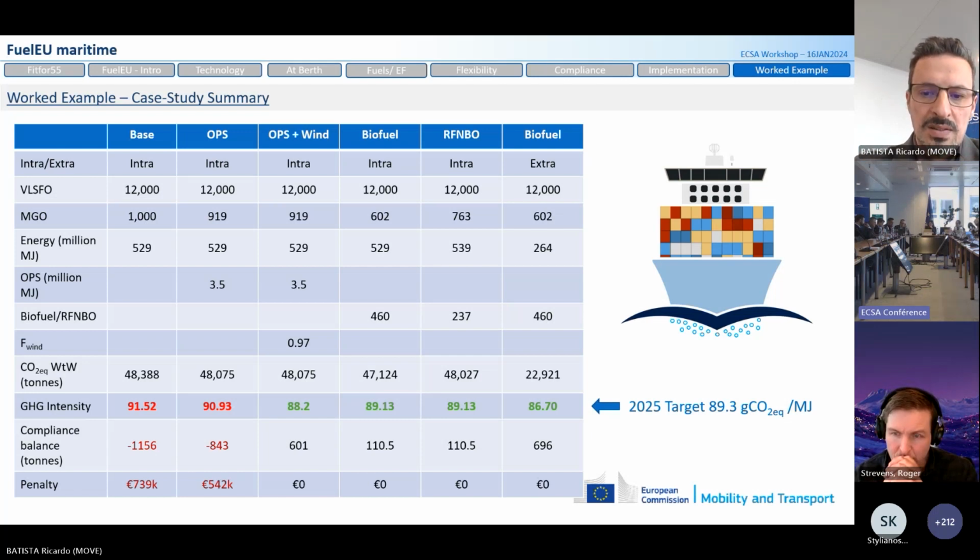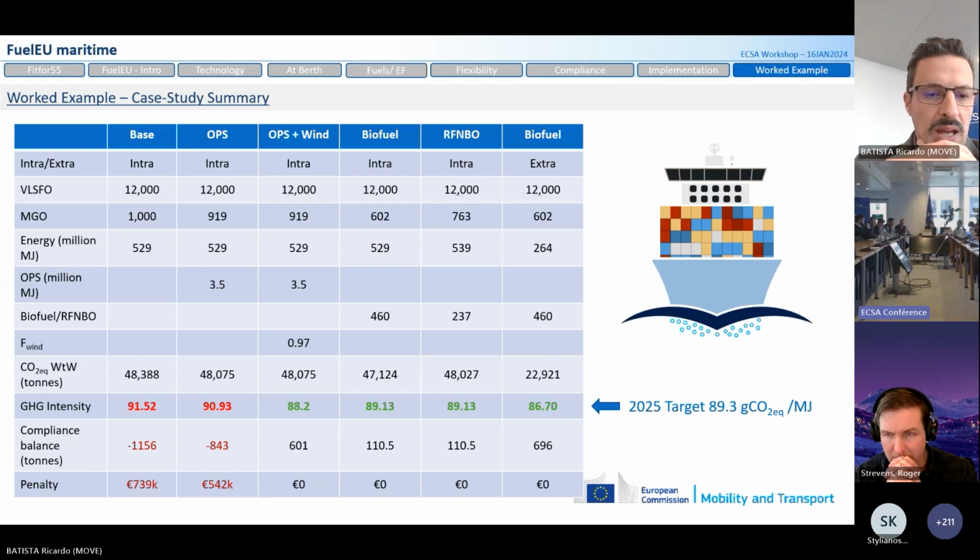In all the cases, we haven't changed the very low sulfur fuel oil amount, so we kept the 12,000 tons of very low sulfur fuel oil, and we only changed the amounts of the distillate that is used for the auxiliary engines. We see in terms of the energy, only in the case of the last extra EU voyage case, we halved the energy.